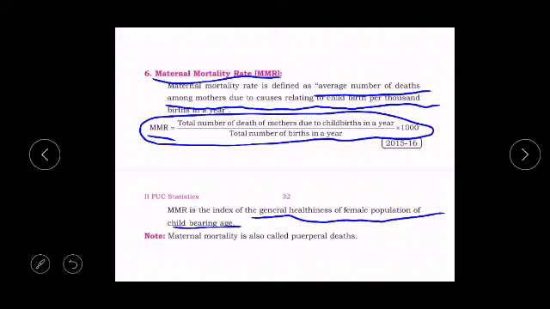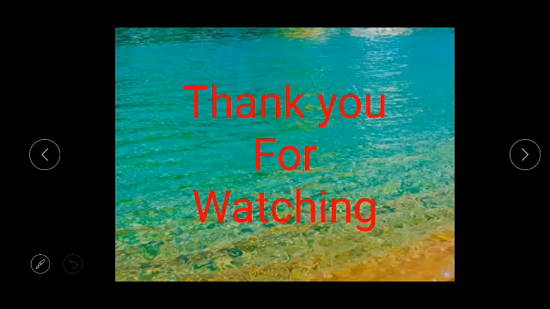That means MMR indicates the healthiness of the female population of childbearing age. And maternal mortality is also called puerperal deaths. Here we complete the maternal mortality rate, and in the next class we solve problems on these three concepts. Thank you.